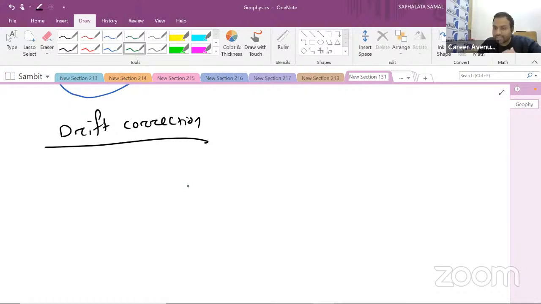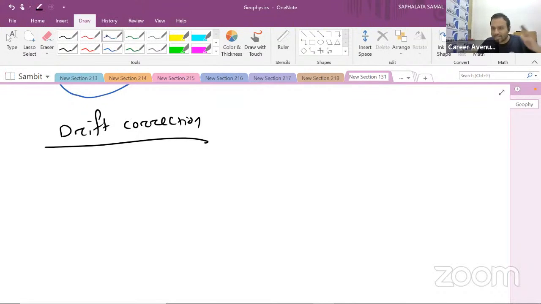For example, if you are doing measurements in a hot region, with an increase in temperature the spring length will increase because the spring is made of metal. Or in winters, the spring length might decrease. That can affect your measurement. You need your instrument to be much more sensitive. That's why we use the drift correction.